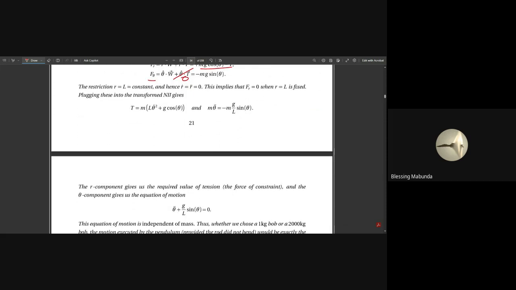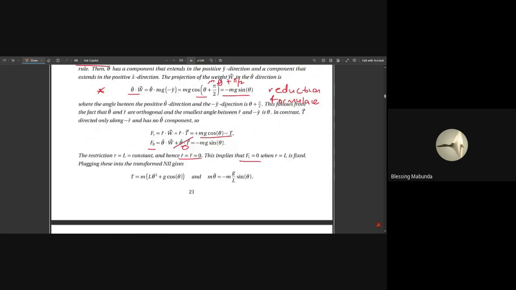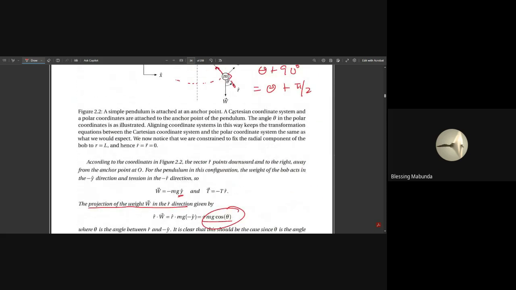So we had placed a restriction to say that r is equal to L, and that's a constant value. Consequently, r dot is equal to r double dot, which is equal to 0. This implies that our radial component of acceleration is fixed when r is equal to L. That will mean that F_theta is what's responsible for the movement of the pendulum.